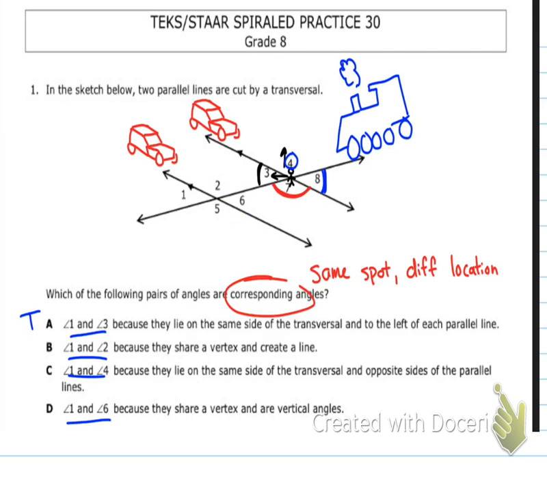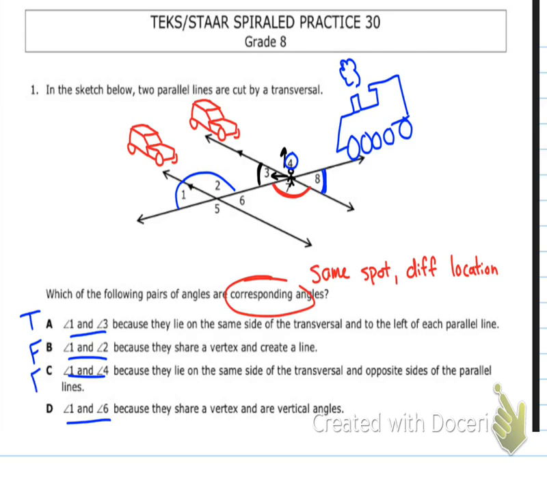I already probably have my answer, but for 1 and 2, I want you to notice that they lie on a straight line. They are linear angle pairs, which is kind of a fancy way to say it, but we know them as supplementary. So those are supplementary angles. They are definitely not corresponding. So C says angles 1 and 4. I mean, there's not any rule for what they are, but they're definitely not corresponding.